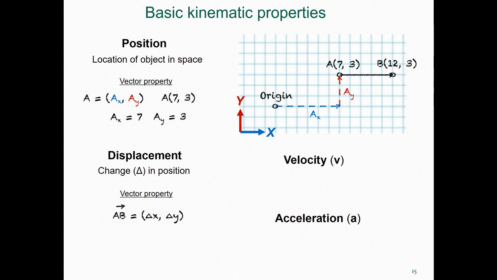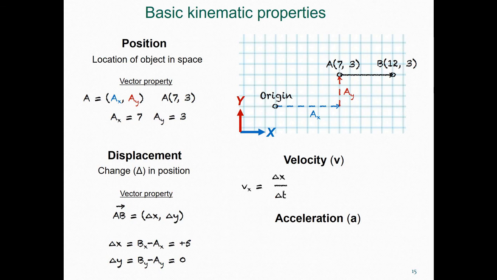And as before, we can represent this vector with the two vector coordinates here, delta x and delta y. Remember that the delta symbol here is referring to a difference or a change in a value. So delta x is the difference in the x values of B and A, which is +5.